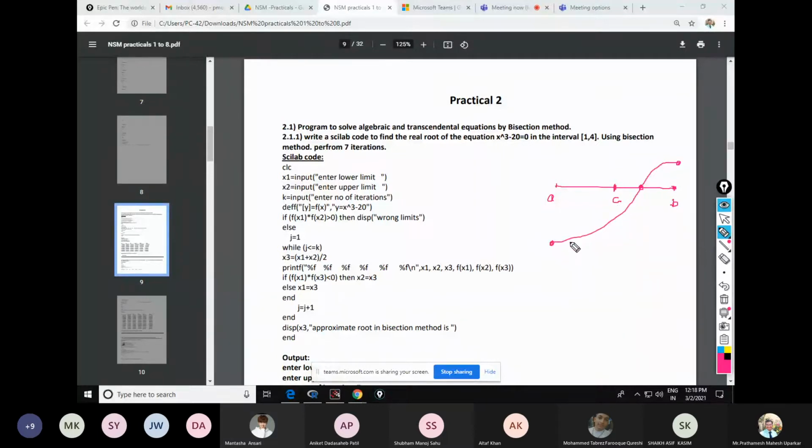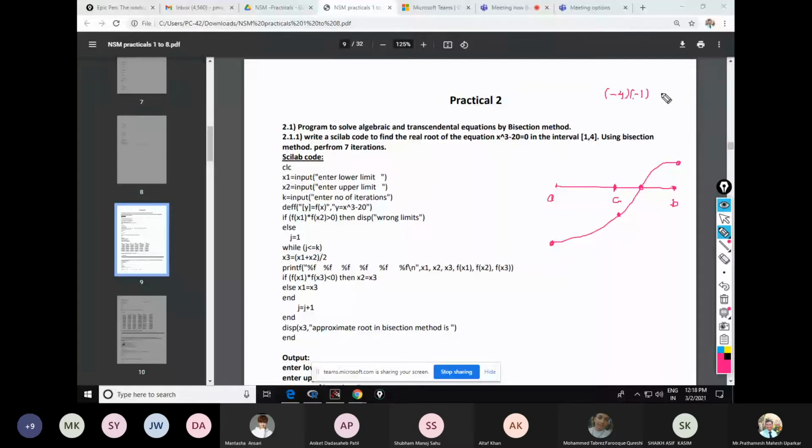Now see here, at A the value is negative, at C the value is negative. Can you see that? Negative into negative gives you a positive product. For example, say -4 into -1. What is the product?